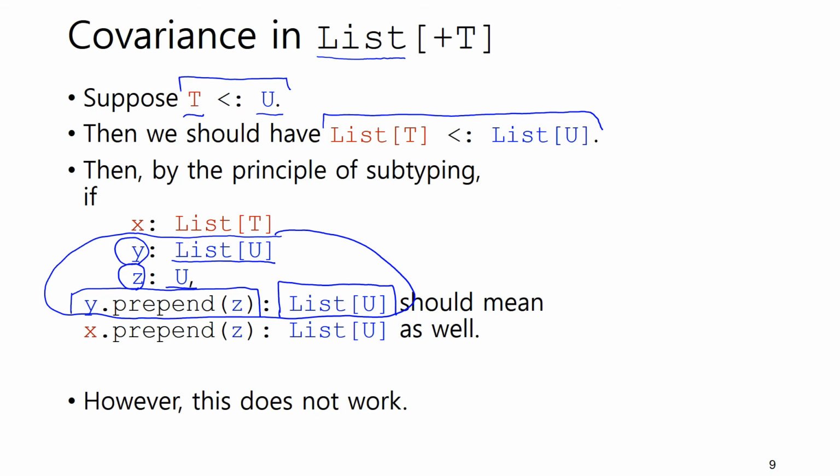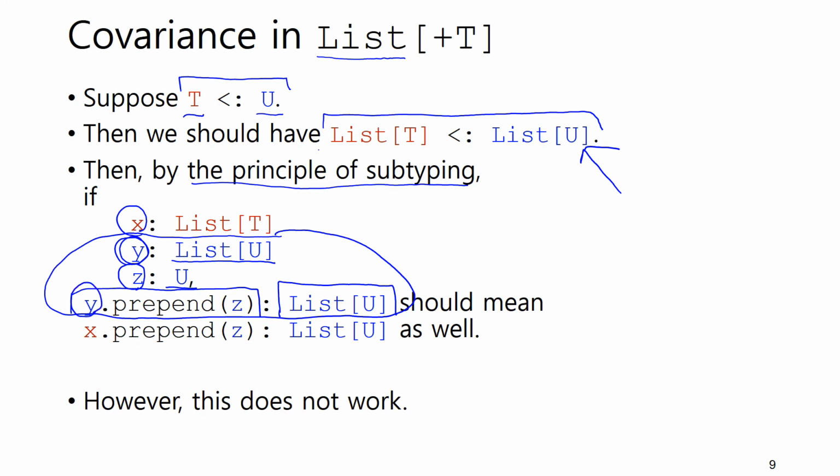Now, according to the principle of subtyping, if we have this subtyping relation, we should be able to substitute X wherever Y is used. So currently, Y is used here.